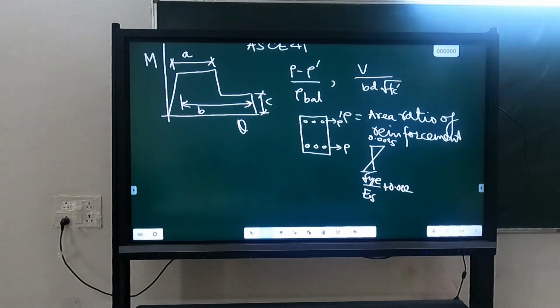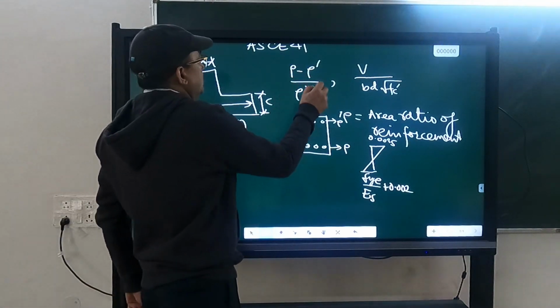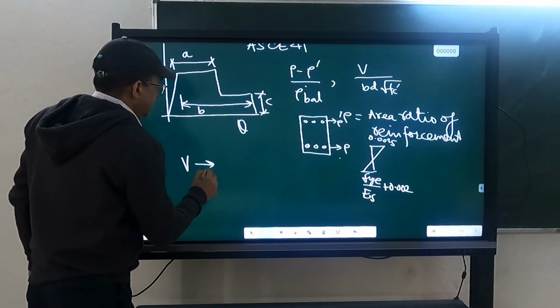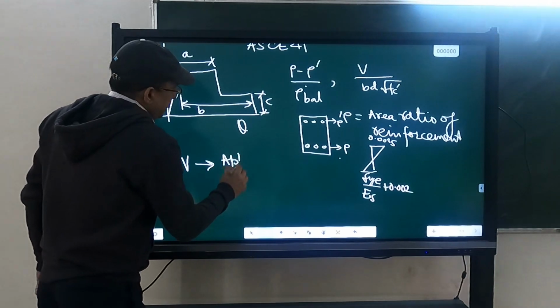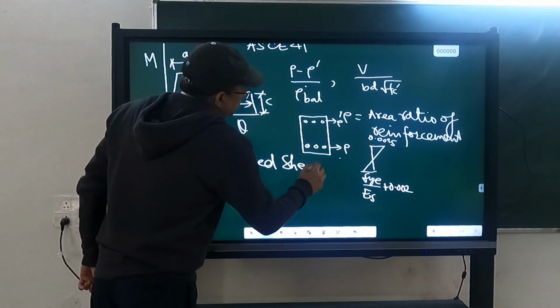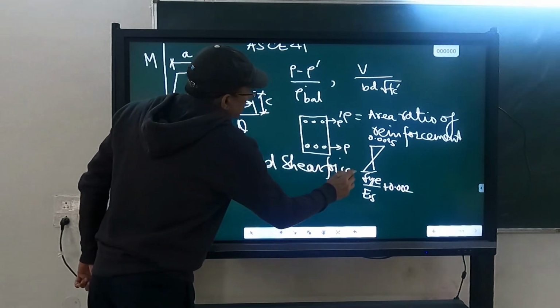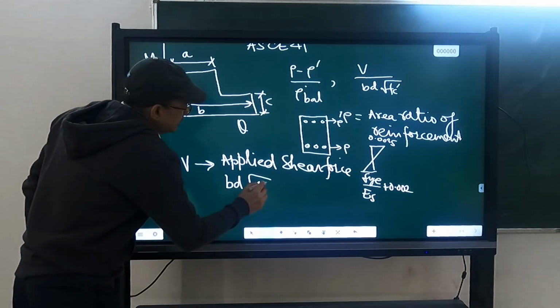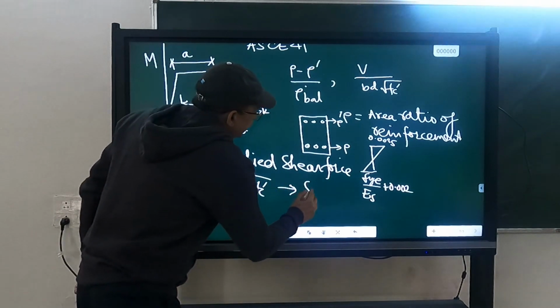So this term you will get from here. The second term: V is the applied shear force, not base shear. And bd square root fc dash is representing shear capacity.